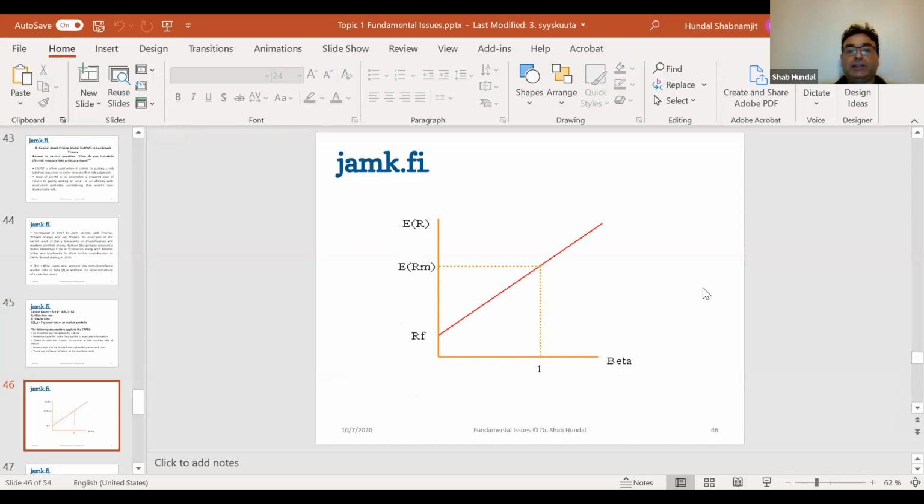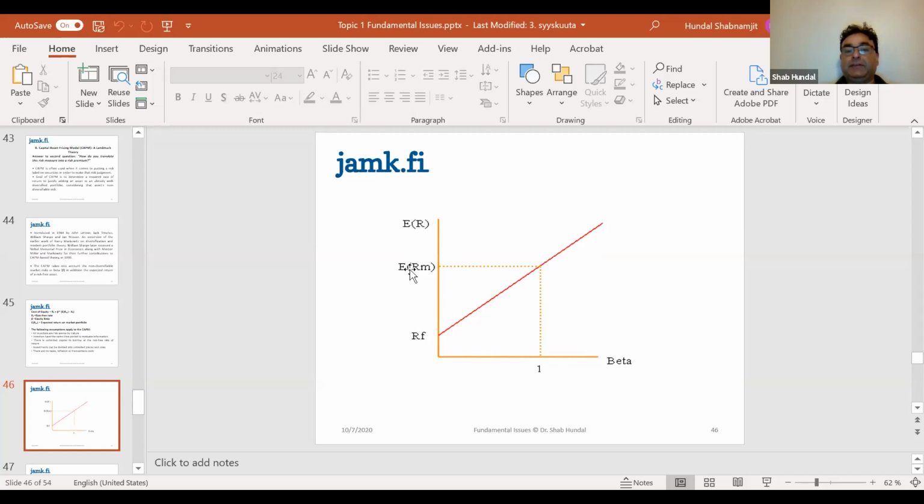If we plot CAPM graphically, it looks like this: there is a risk-free rate. That's a starting point, because there is no risk lower than the risk-free rate, basically. And as the beta goes up, the expected return goes up. Remember, this ER, the expected rate of return, is something which you get from the CAPM.